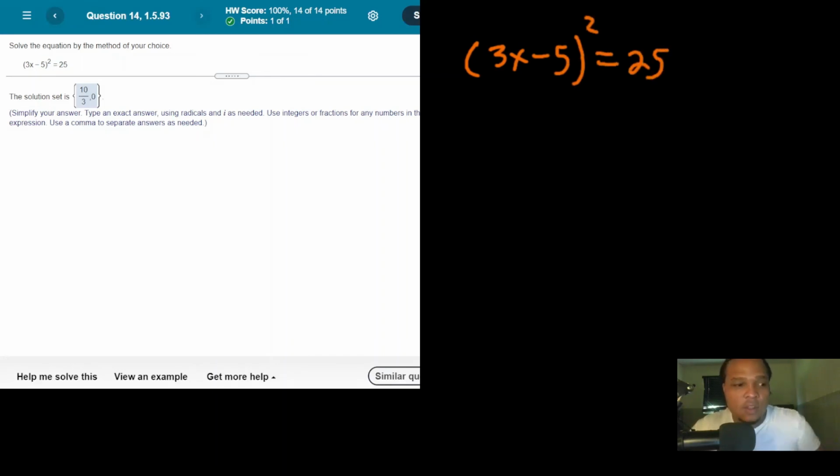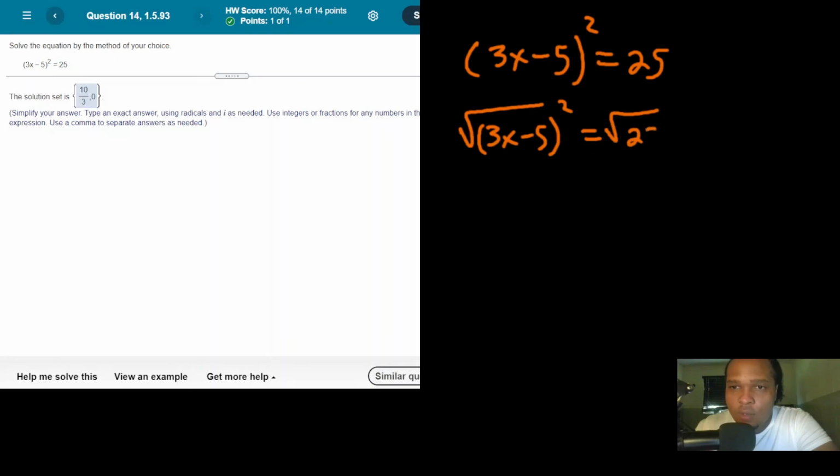Let's go ahead and start off by taking the square root of both sides. So we're going to square root the left, and we're also going to square root the right. So this is going to give us 3x minus 5 is equal to 5.